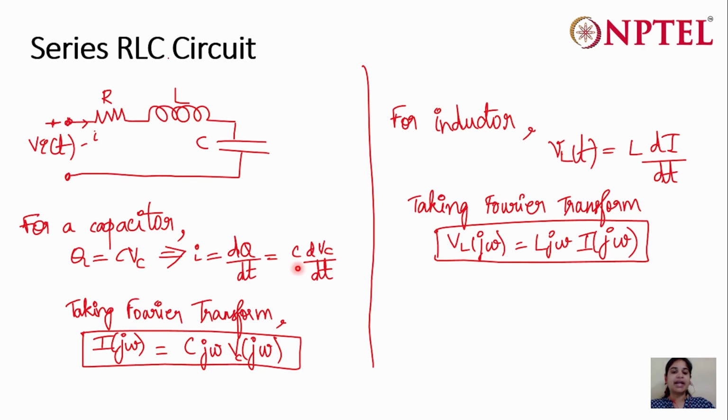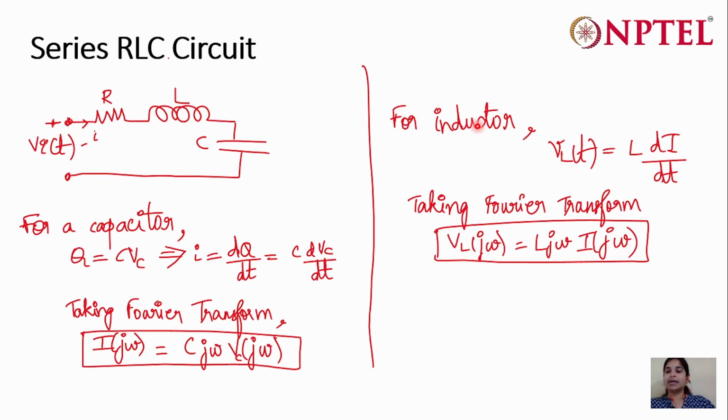If I have to write it in its Fourier transform, taking the Fourier transform, I of j omega is C into, since there is differentiation here, you have j omega. So I of j omega is equal to C into j omega into Vc of j omega. So this is the equation for a capacitor.